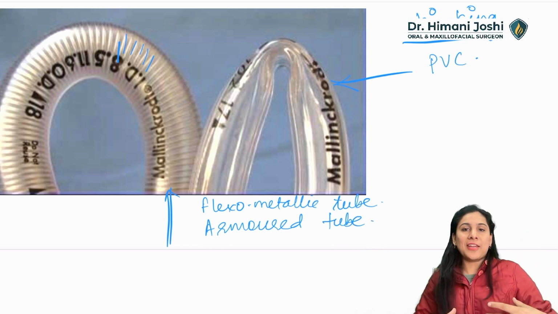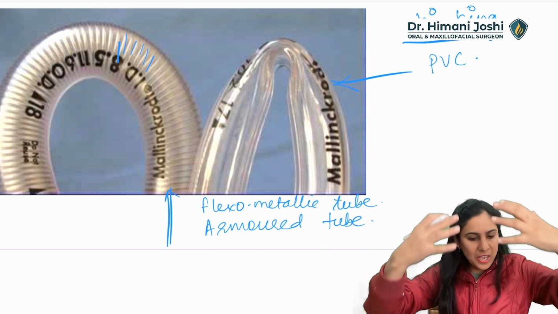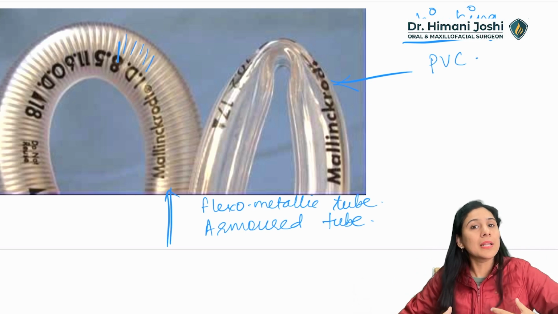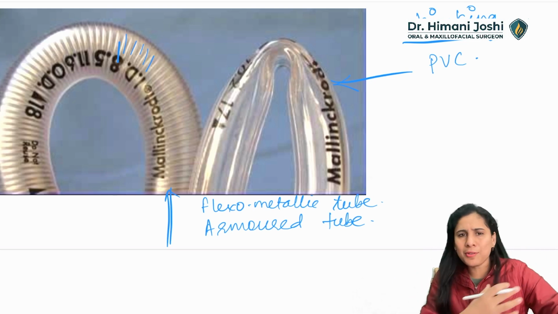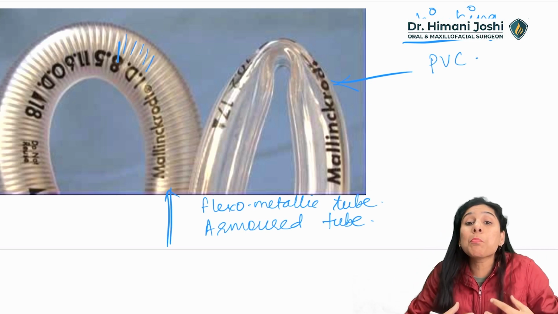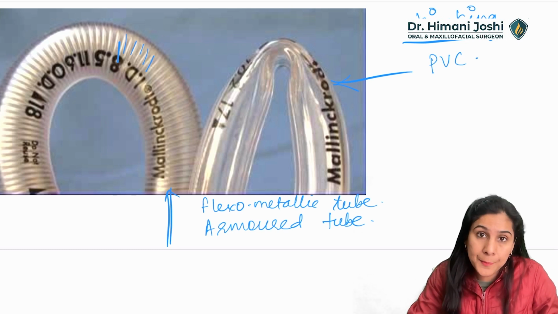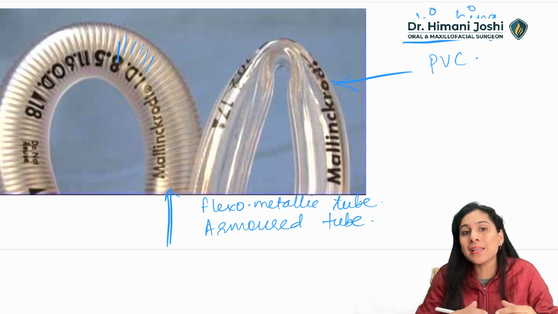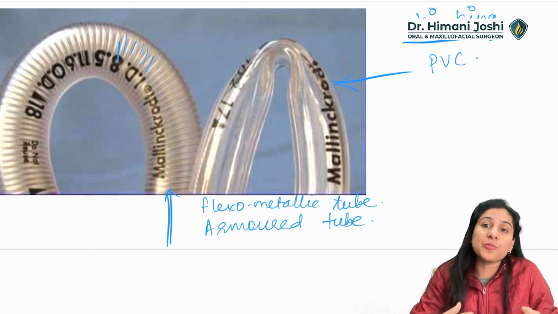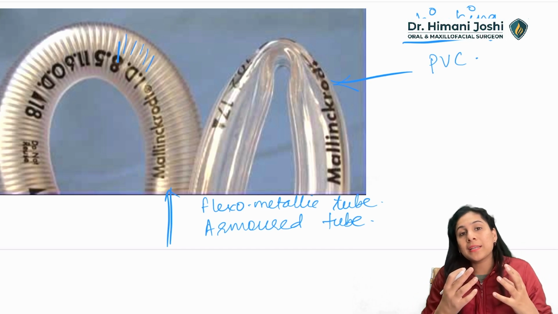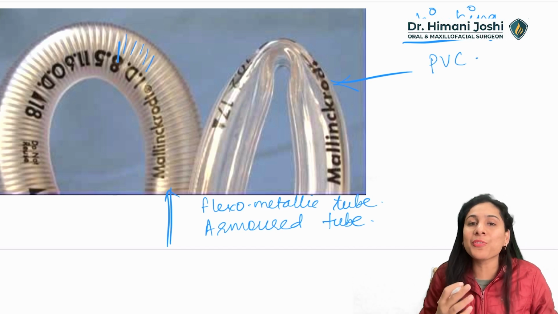Just like, when a soldier is going for a war, he will wear all his armor, all these metal guards, chest guard and arm guards and helmets. So this metal is rather a guard. For the tube also, this metal is an armor to prevent it from kinking, because it is important to not stop the flow of gases.